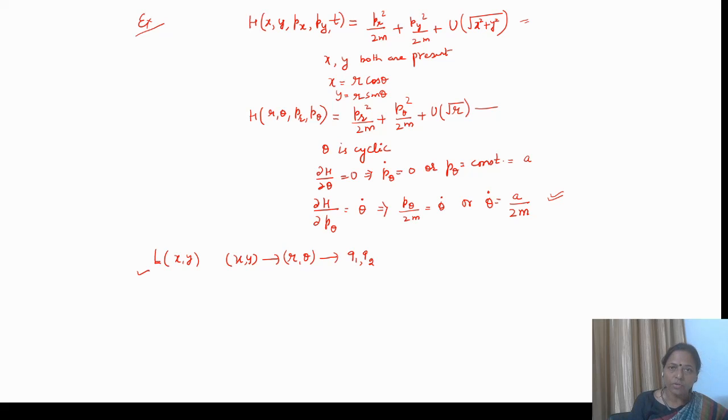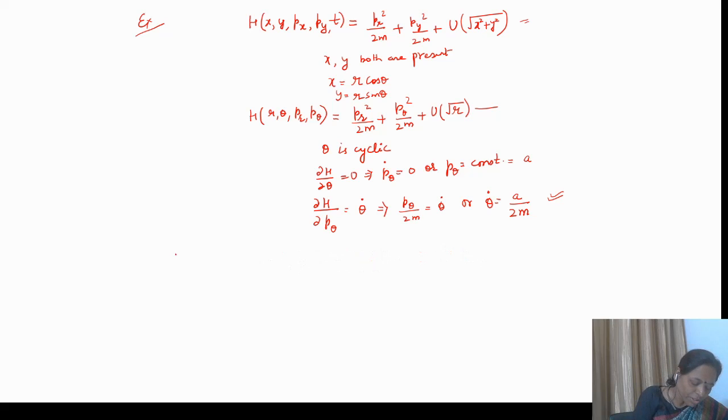Then naturally you will get another Lagrangian corresponding to q1 q2. Suppose this is L1 and this is L2. Or I'll explain it in another way. I will stick to the configuration space.